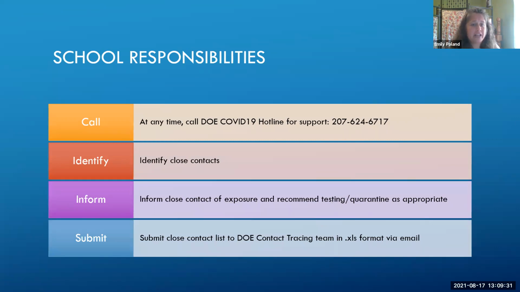You can have some identified helper people in your school. It can be a school secretary, an ed tech, a principal. And once you have identified all those close contacts, you're going to submit them through the contact tracing email in an XLS format. So that can be a Google Sheet or an Excel spreadsheet.